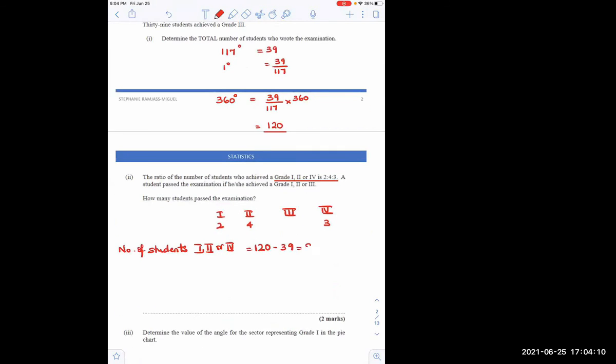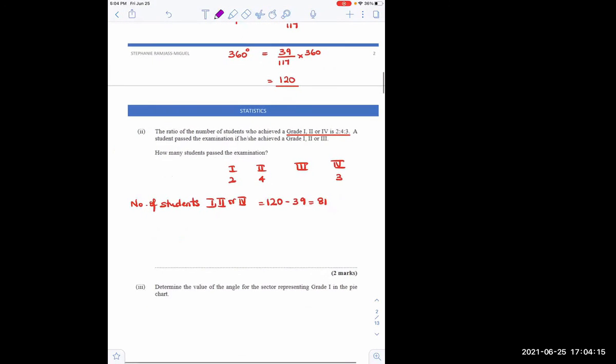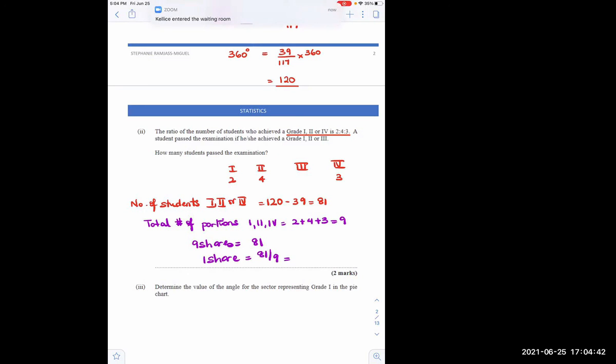So this is 81. And they bring in ratio, so you all pay attention. The total number of portions for grades 1, 2, and 4 is 2 plus 4 plus 3, which is 9. So 9 shares is equal to 81. 1 share is equal to 81 over 9, which is 9.